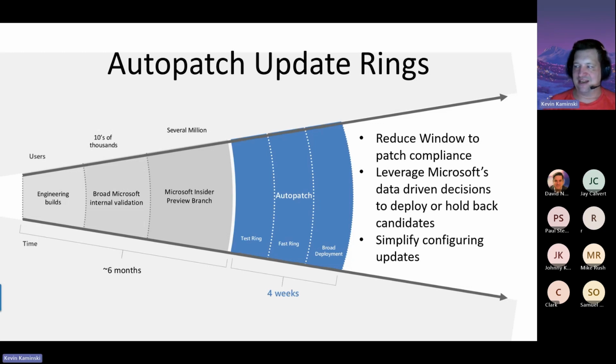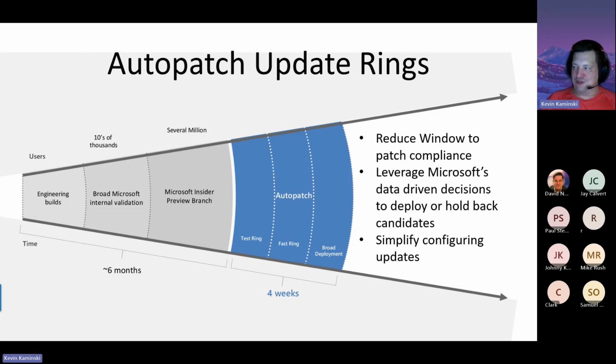And that is a very different time scale. And that is to not only provide better protection through being patched, but also provide better experiences to your users by delivering the fixes faster.